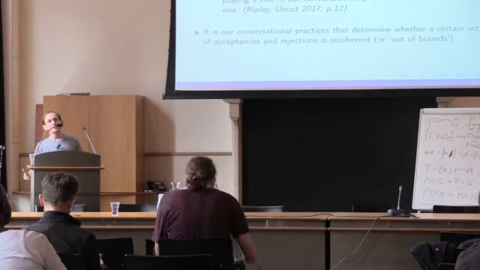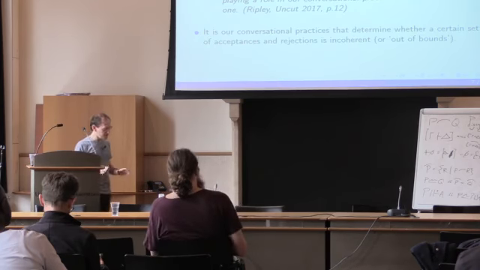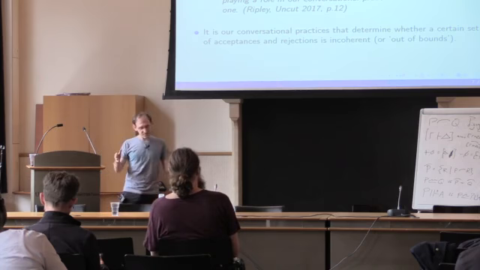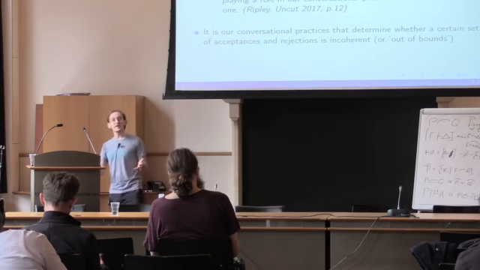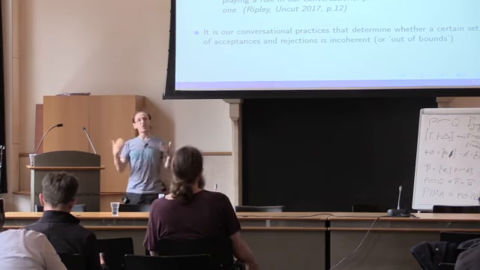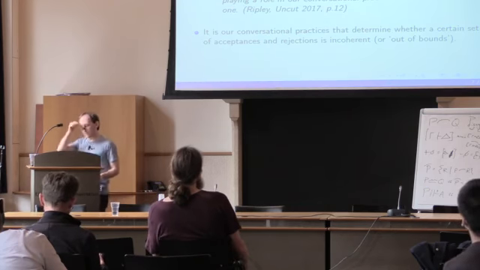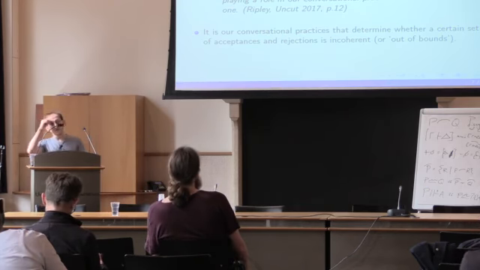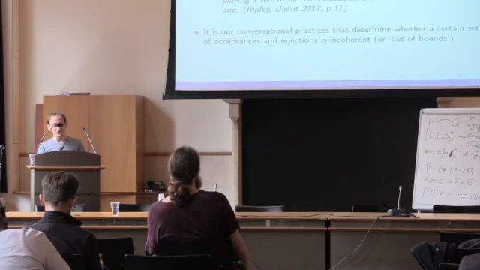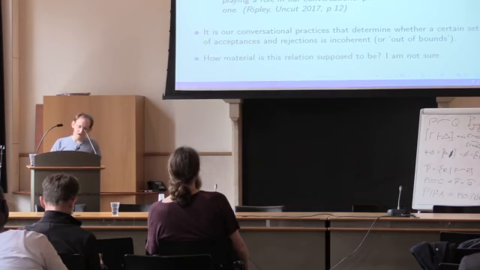So again, bear in mind that the notion is not the typical thing. An argument can be valid in a non-formal way. There might be cases where the validity of an argument is grounded on things other than the meaning of the logical connectives. And this is because it is our conversational practices that determine whether a certain set of attitudes is incoherent or not. Okay?